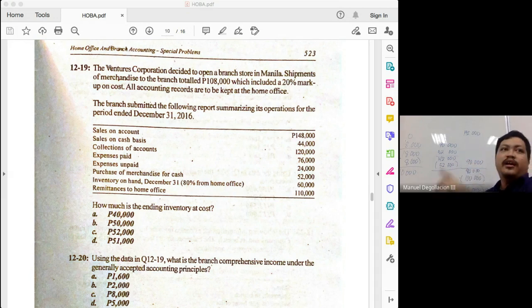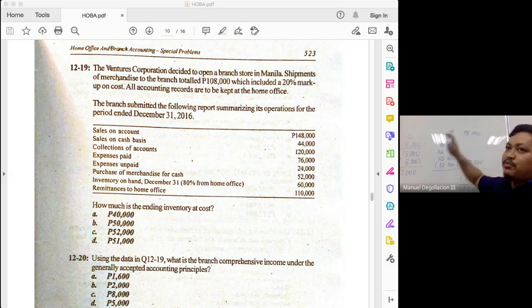In our first computation, class, how much was the cost of goods sold we computed? It was 100. And then the true cost of goods sold is 90. How much is the difference? 10. Because again, we have already determined that the markup on the cost of goods sold is 10,000.